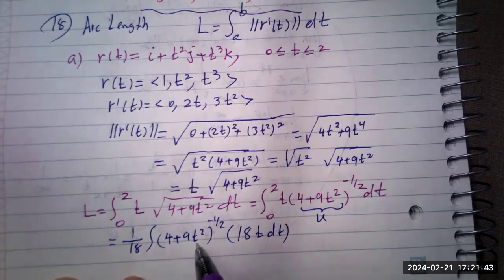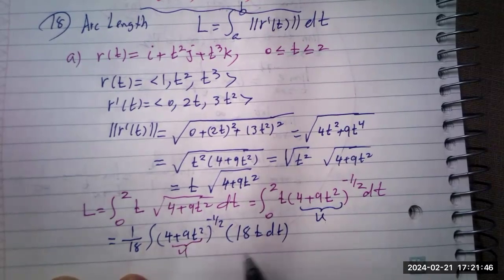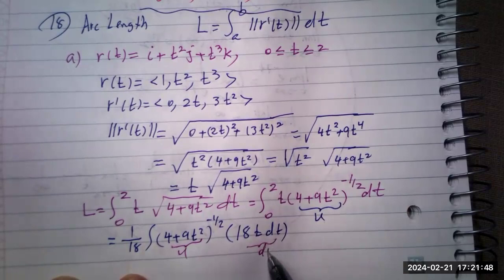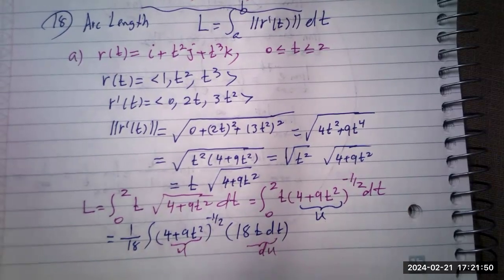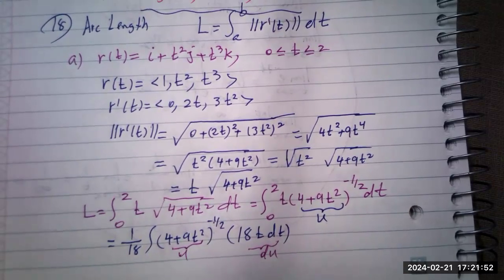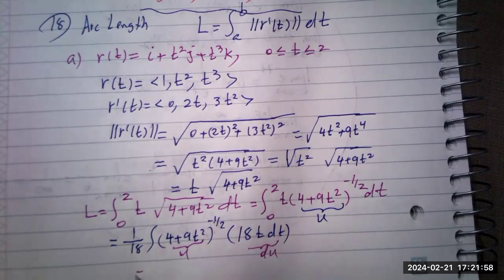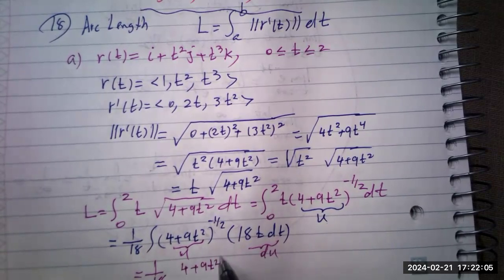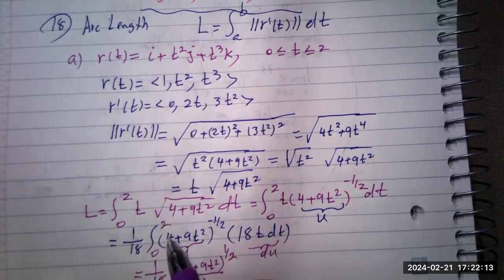So this is u, and this is du. I have u to the 1/2. The integral of u to the 1/2 would be u to the 3/2 divided by 3/2. So it's equal to 1/18 times (4 plus 9t squared) to the 1/2 plus 1, that is 3/2, divided by 3/2. Of course, this is from 0 to 2.